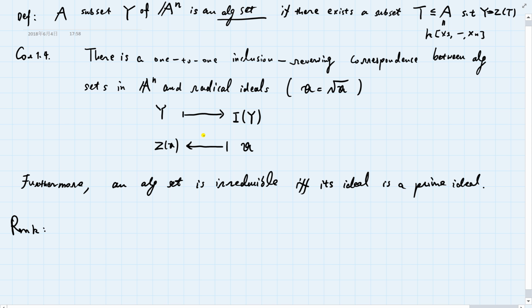This can at least get rid of the problem that the ideal x squared corresponds to the same point as x inside, let's say, A. Why? Because this is x, it's not x squared.